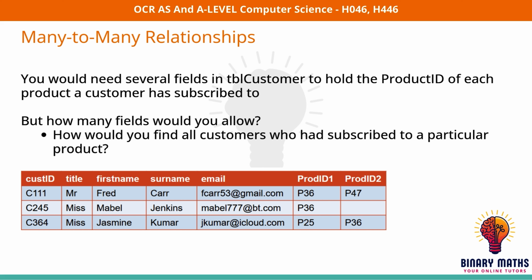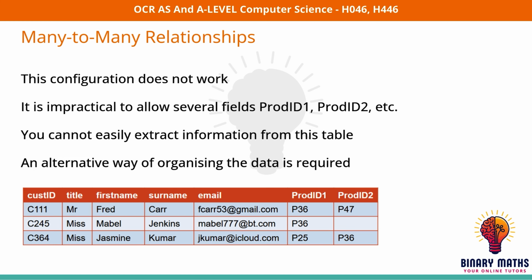But how many fields would you allow? What if a customer buys more products than you've allowed fields for? It quickly becomes messy and impractical. So we can see on this slide that this linking or this configuration does not work.